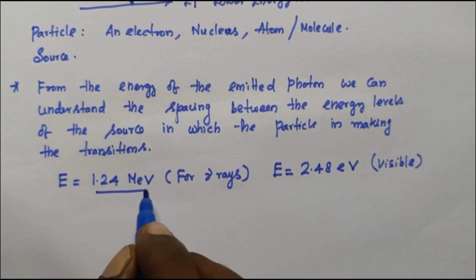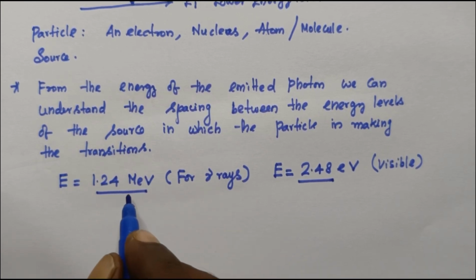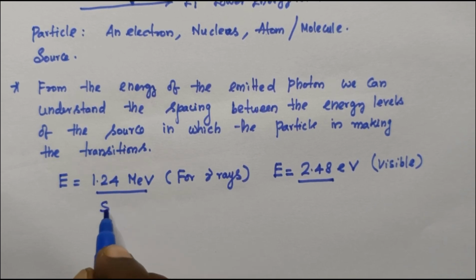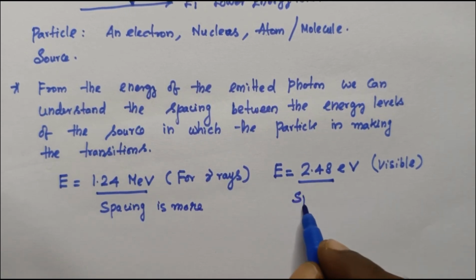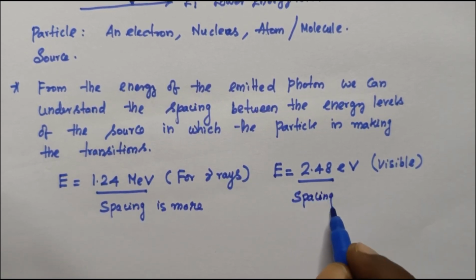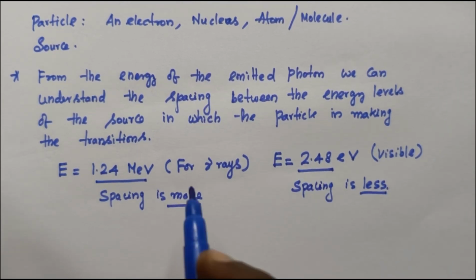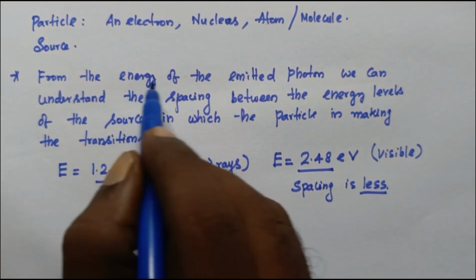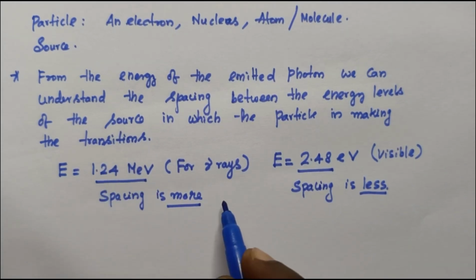So this is more and this is less. Hence we can say that the spacing between the energy levels of the source which is making the transition is more. Here the spacing is more. In this case, the spacing between the energy levels is less. So this is a relation connecting the energy of the emitted photon to the source. This is the answer for the given problem.